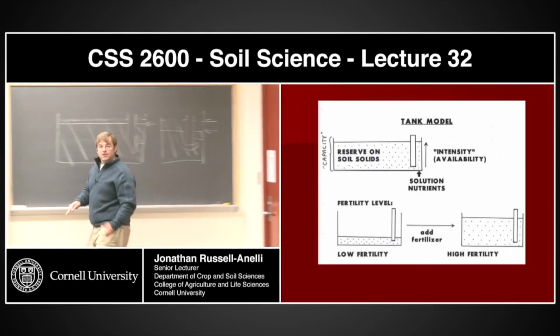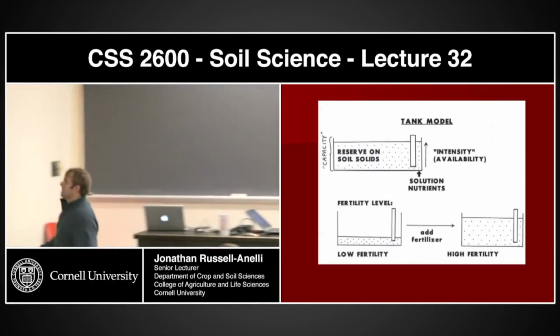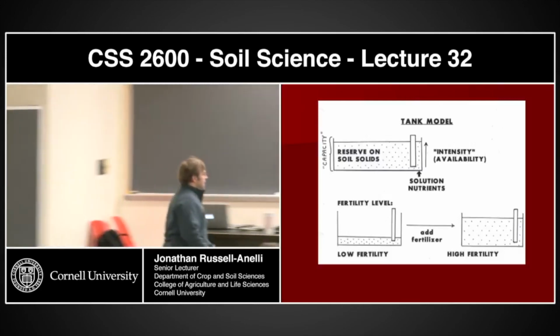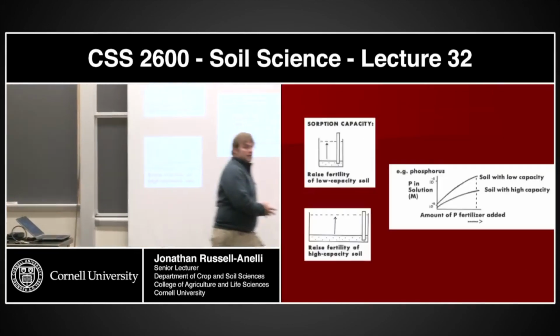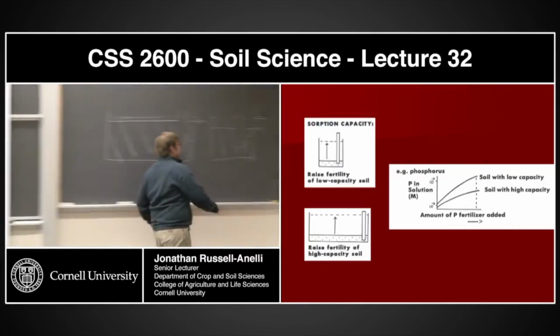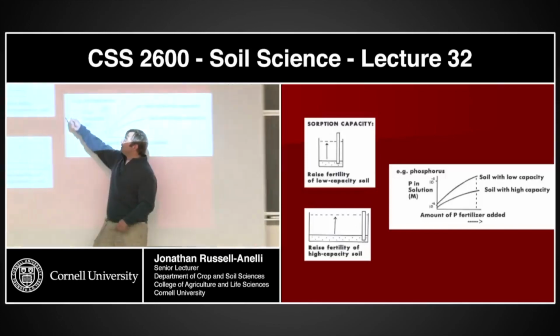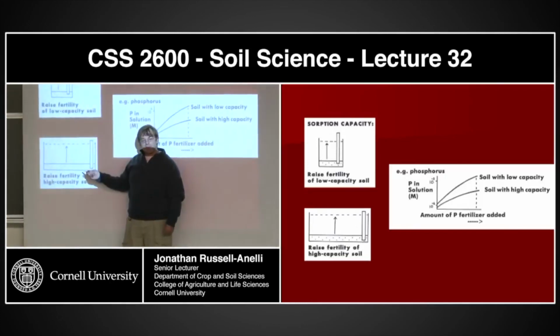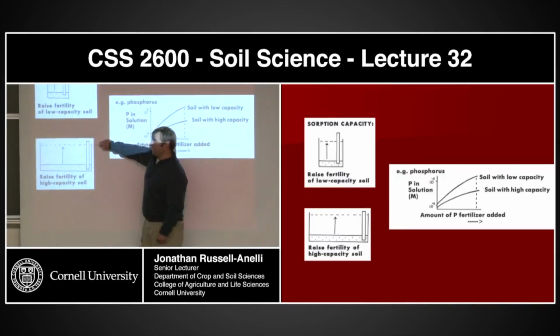Now, flip it over, though. Think about these when they're at their lowest point. We got that as a slide. Here they are at their lowest points. Which one of these is going to take more fertilizer to bring it back up to the high level?